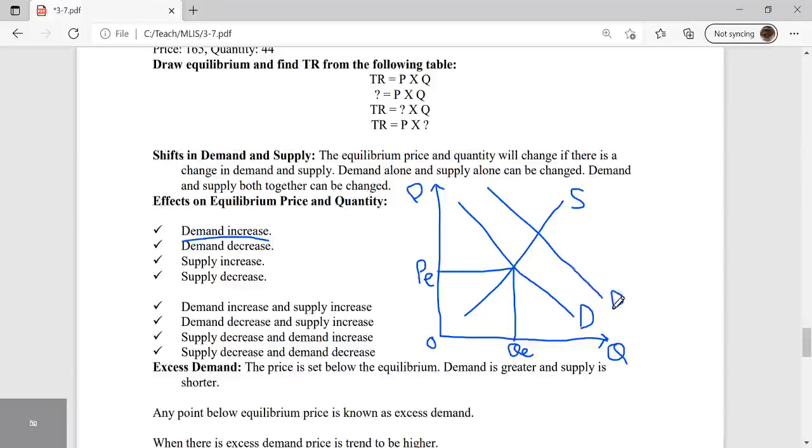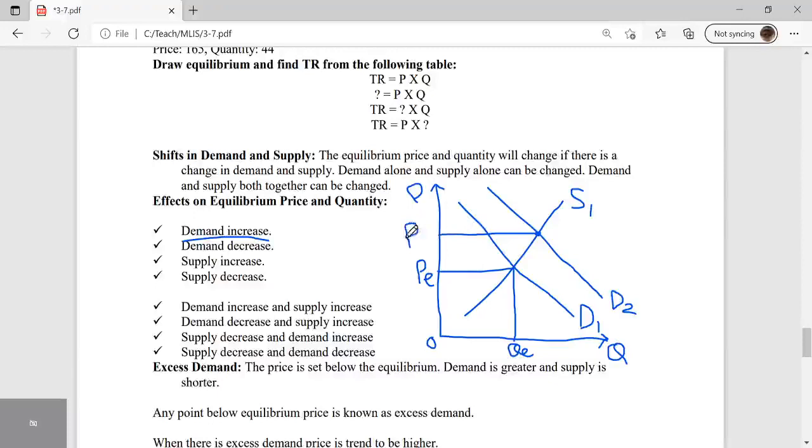The previous ones were D1 and S1. Now it will shift. The new demand will be D2, and there is a new intersection point over here where demand and supply will be equal. This is a position where the price is higher, right?